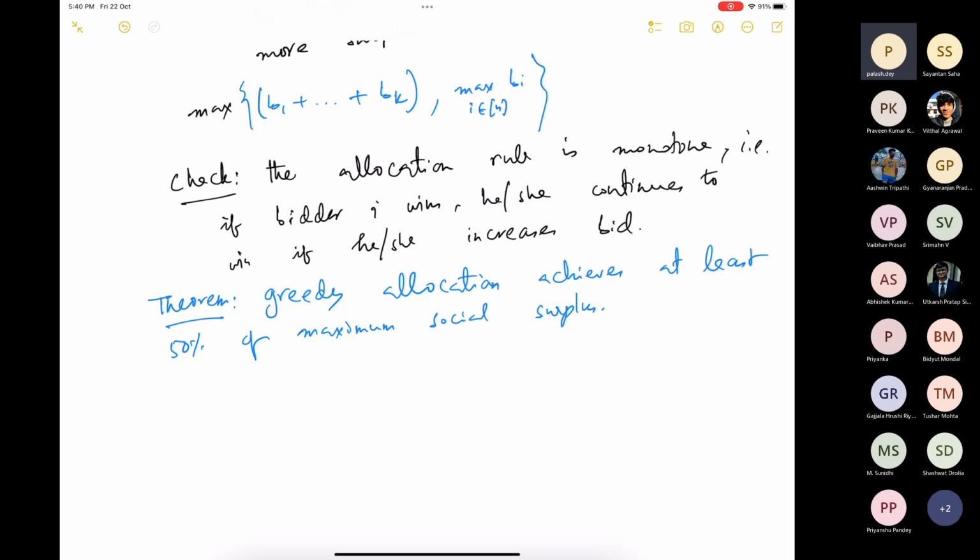Okay, so we have lost at most 50% in terms of the quality of the allocation.